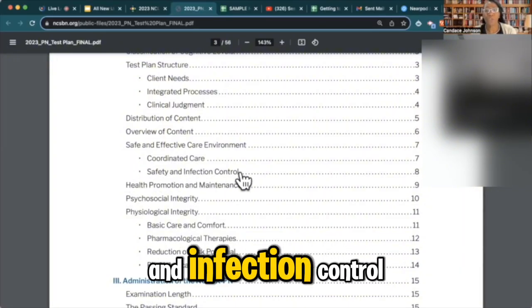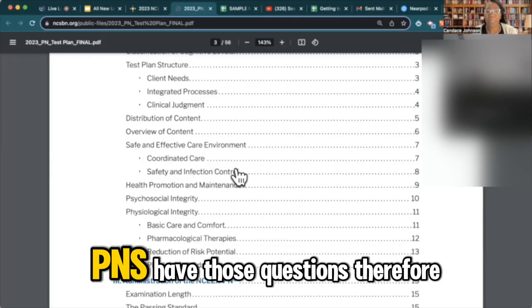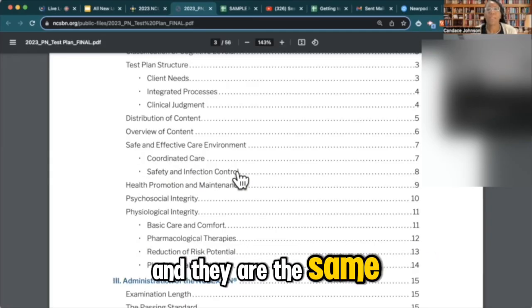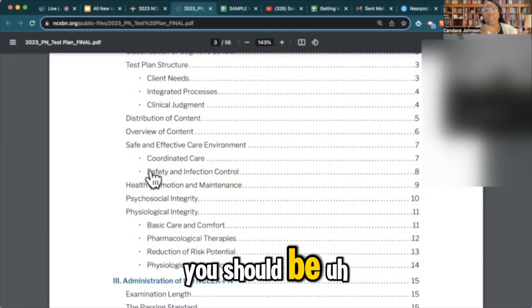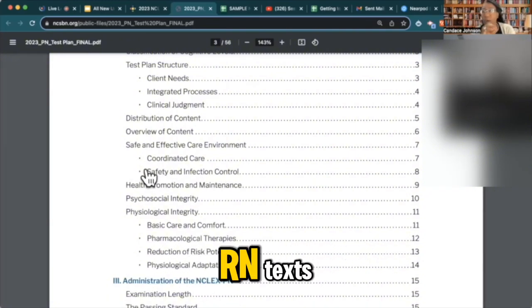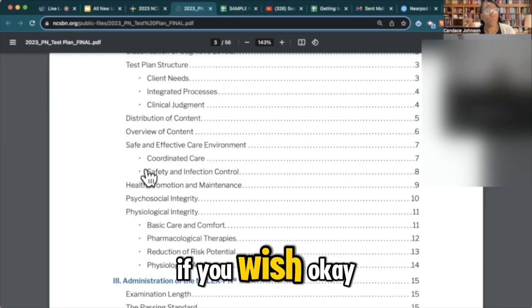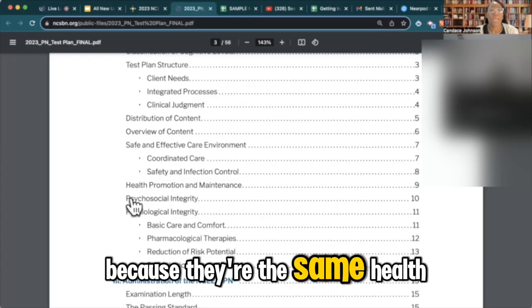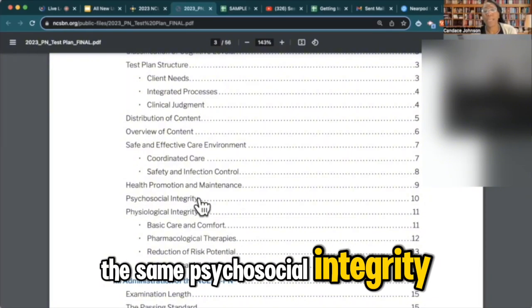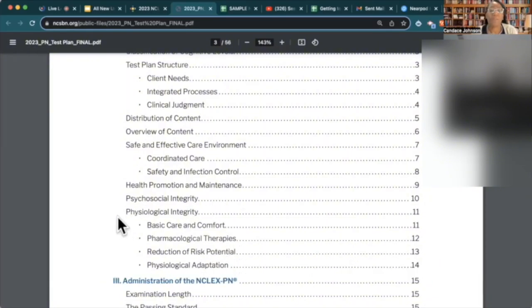Safety and infection control, both the RNs and the PNs have those questions, and they are the same. Therefore, you should be able to take those practice questions right out of the RN texts if you wish. Health promotion and maintenance, the same. Psychosocial integrity, the same.